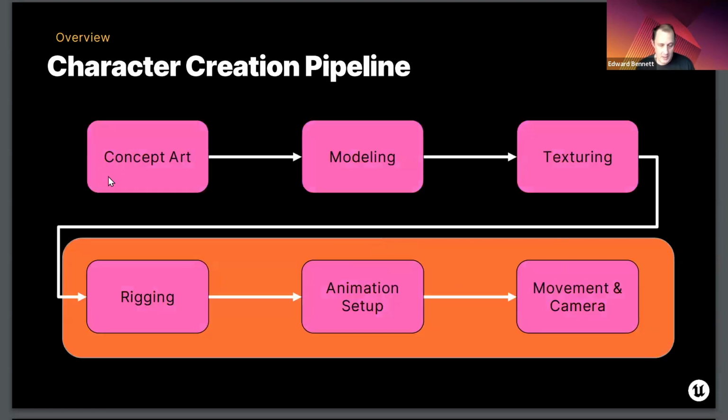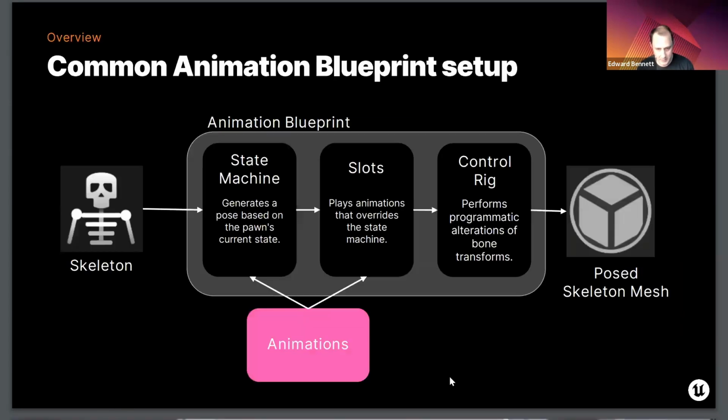Now, the first three theoretically could be done within Unreal. However, the tools are still sort of in their infancy. However, the rigging, animation setup, and the camera movement we can look at. We're not going to be doing much on the way of rigging. Still, I'd argue that this is sort of in its infancy at this point.